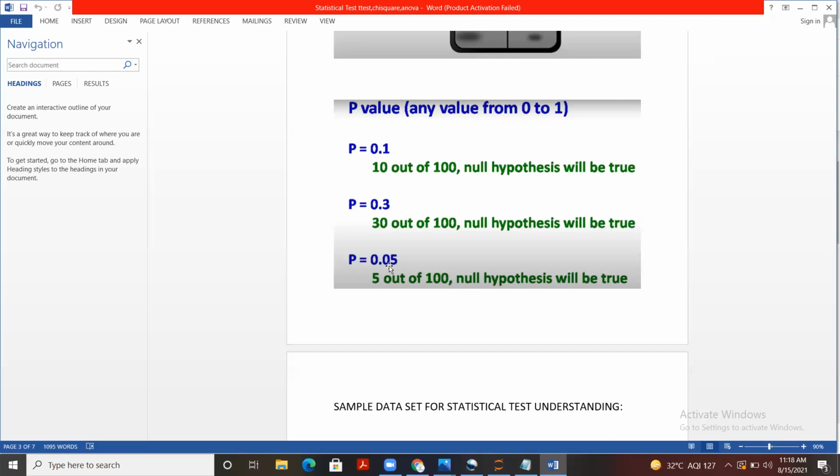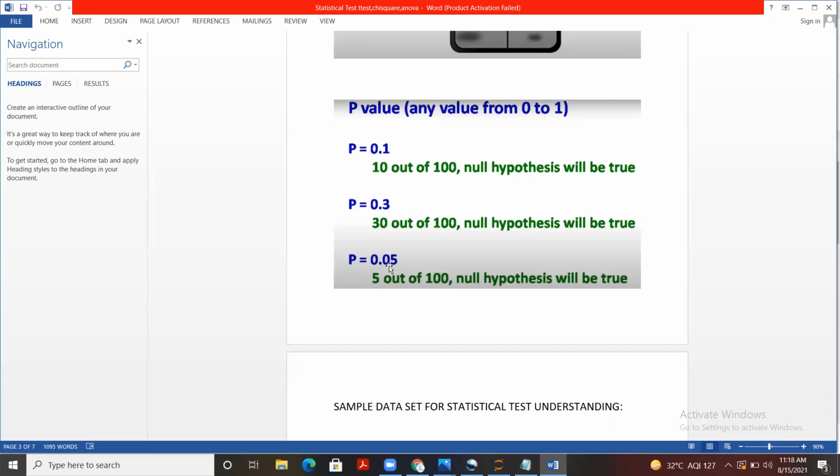So the probability would be 5 out of 100, meaning the p-value would be 0.05. So 5 out of 100 null hypotheses still can be true. This is how we decide the p-value. I hope it's clear to you.